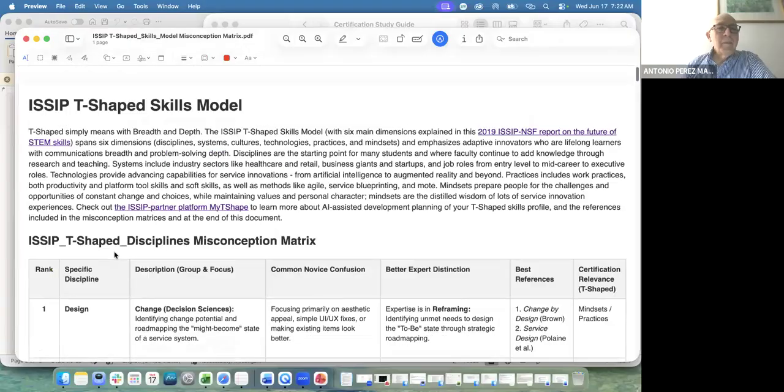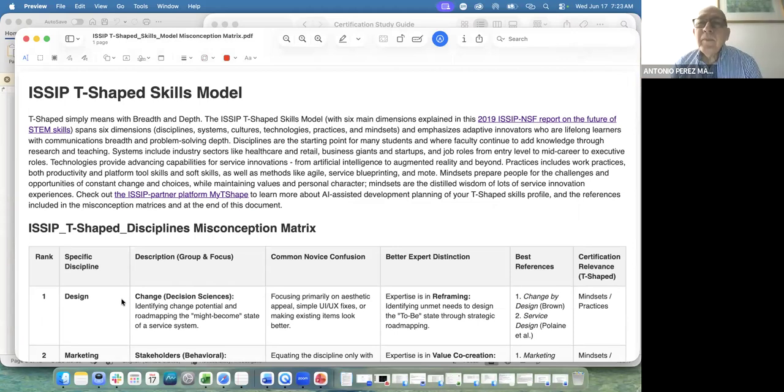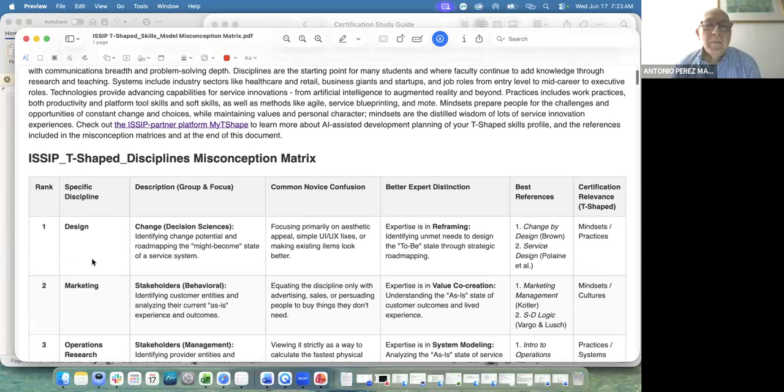All of these disciplines are relevant to service innovation because real world service innovation problems don't respect discipline boundaries. They're multidisciplinary.